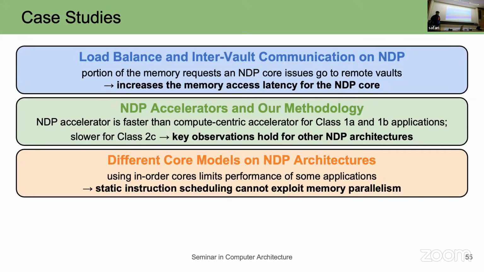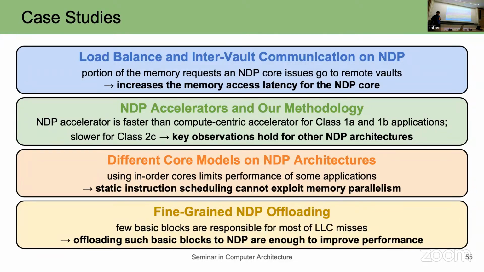The third case study is about different core models, so in-order and out-of-order cores. It's found that using in-order cores limits performance of some applications, because static instruction scheduling cannot exploit the memory parallelism.